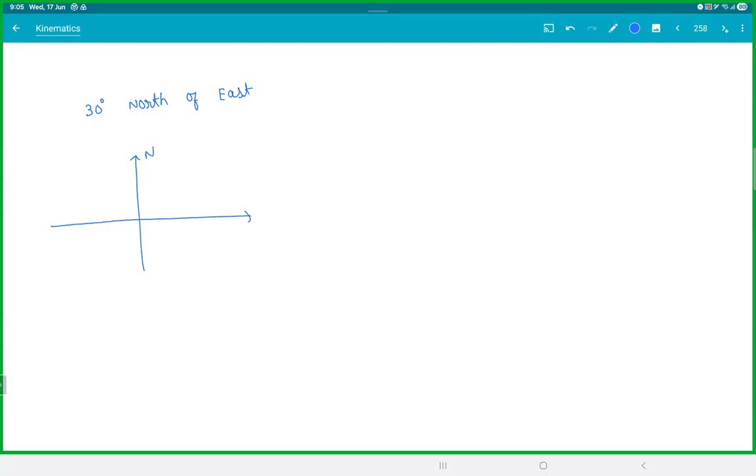Always draw like this: north, east, west, south. How many directions are there? 6. North, east, west, south, up, down. Don't get confused. When you ask people what is up, they will say Russia. If you go up, you'll go to the moon. You won't go to Russia. If you have to go north towards Russia, you're getting it. So don't get confused. Up and north are not the same.